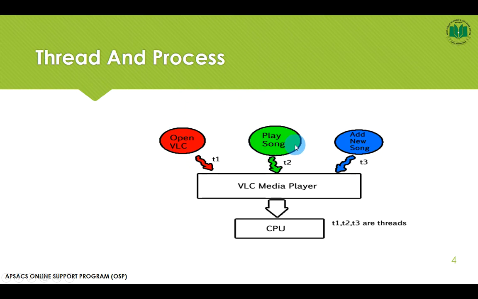I have not opened the media player, so I'm not able to play the song, add the song, or play and pause. If thread 1 is executed, then only thread 2 will be executed. So these 2 threads are dependent on the one thread, which is opening VLC media player.